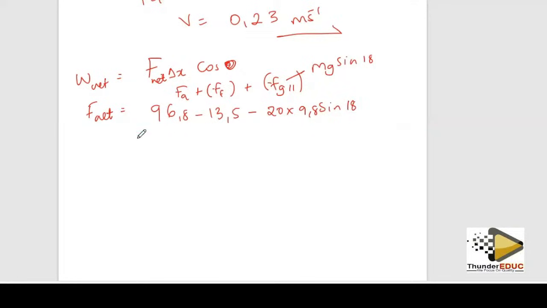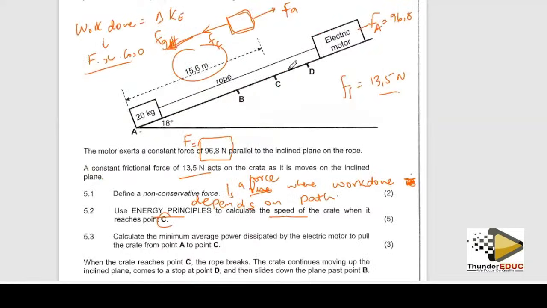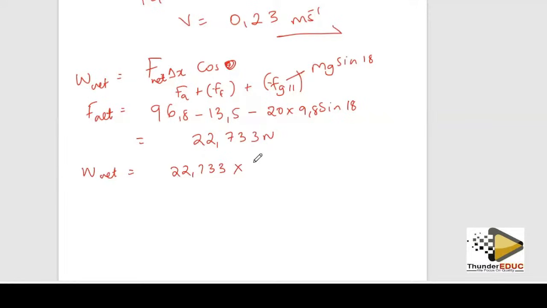I'm just looking for the F net. When I punch this into my calculator, I get 73.3 times my delta x. Remember, delta x is the displacement, which is 15.6. And then I'll say the cos of 0, since it's acting in the direction of motion.